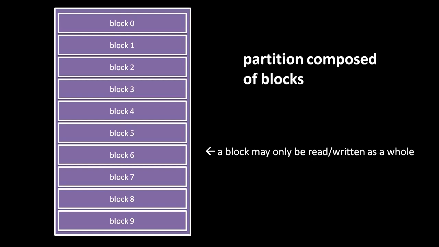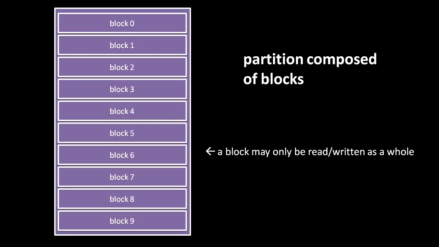Also like the bytes of RAM, these blocks have to be each read in their entirety. So say if you want to read something in a block, you have to read the whole block, you can't just read part of it. And even if you want to write to just a single byte in a block, you actually have to rewrite the whole block. So that usually means you'll have to read out the block to a buffer, modify the portion you want to change, and then copy back the buffer to the block.